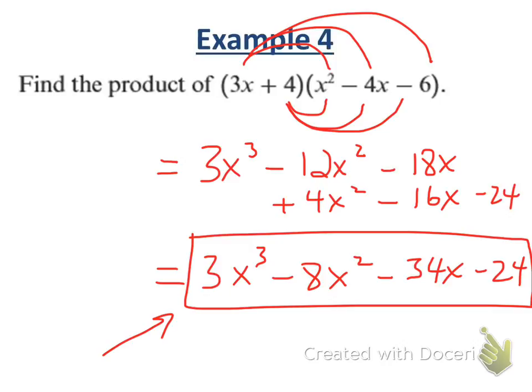A fournomial. Or you could just call it a third-degree polynomial. A 4-term expression is not a quadrinomial. It's a fournomial or a fivenomial, but it's a third-degree polynomial.